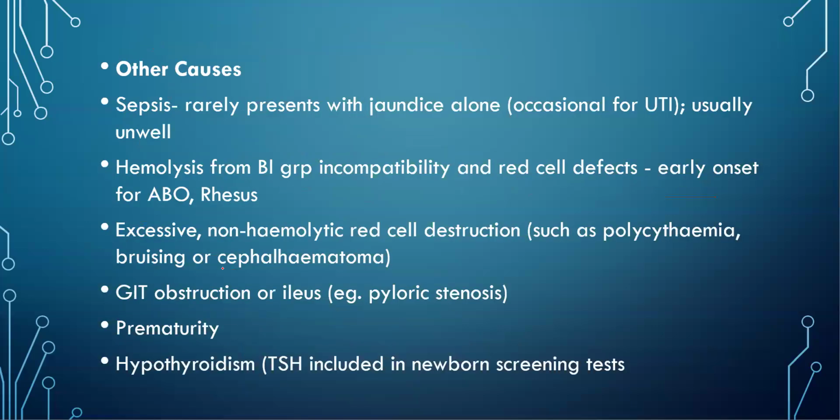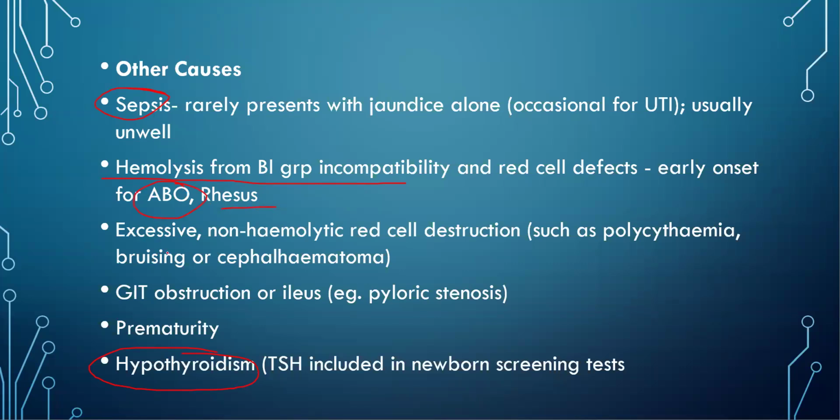So you have physiological jaundice and breast milk jaundice. The other causes could be sepsis, hypothyroidism, or hemolysis. It could be ABO blood incompatibility or Rh isoimmunization.